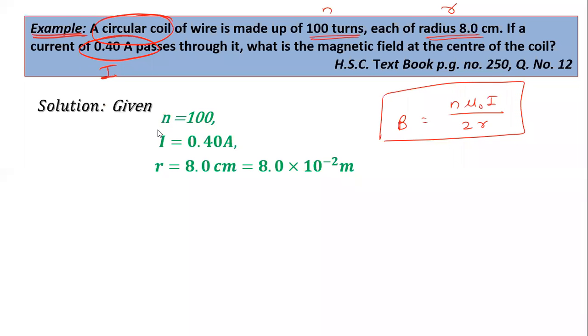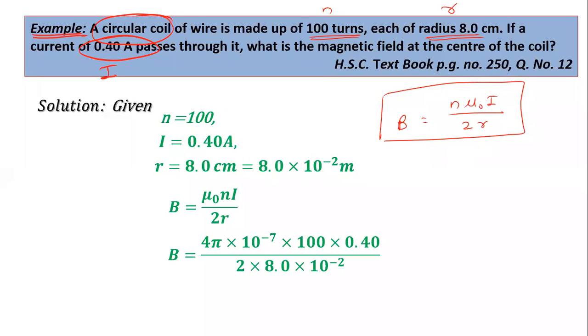So given here: number of turns 100, current 0.40 ampere, radius 8 centimeter, which is equivalent to 8 into 10 raised to minus 2 meter. The formula is N mu 0 I divided by 2R. After substitution, we get this step: 4 pi into 10 raised to minus 7 into 100 into 0.40 divided by 2 into 8 into 10 raised to minus 2.